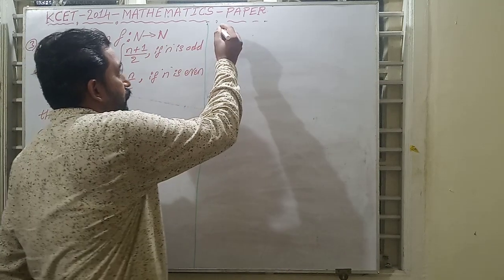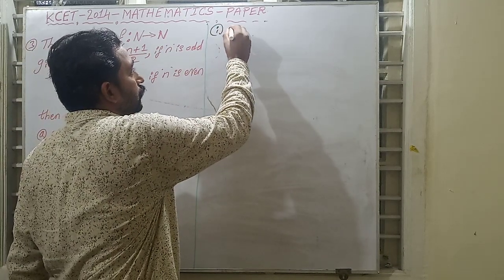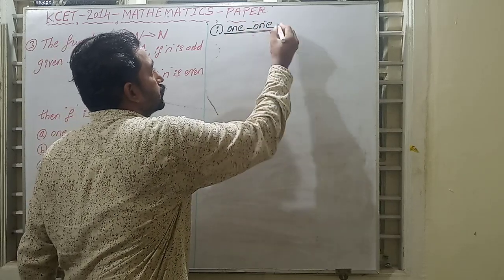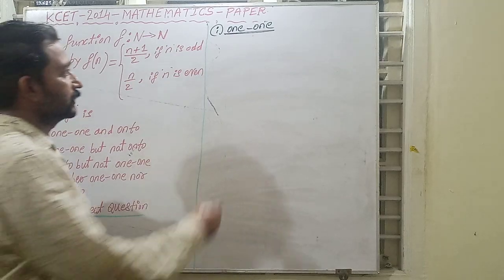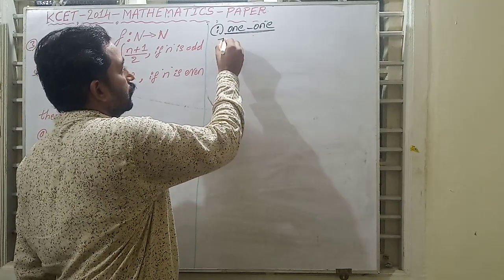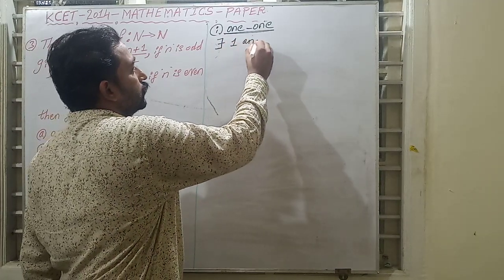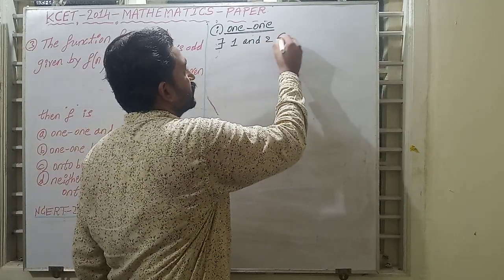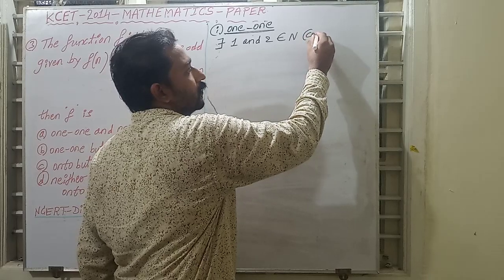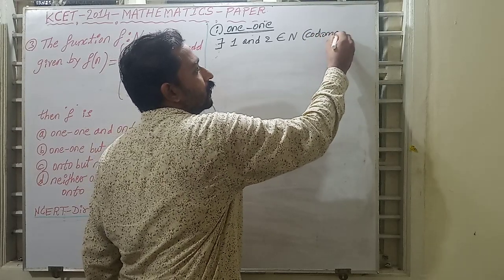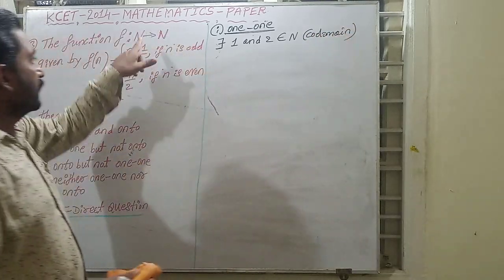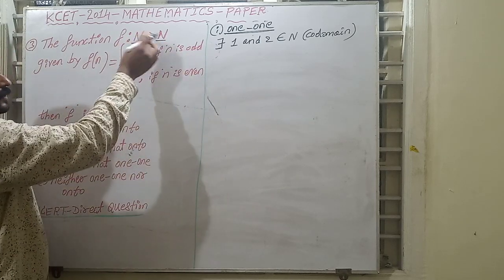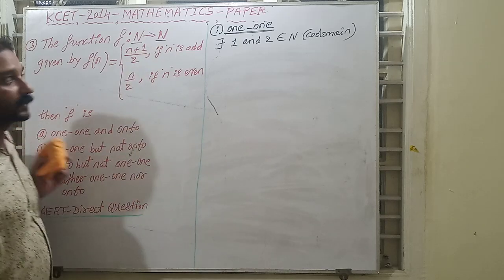Check the condition for one-one. So it is not one-one. Take one example. There exist 1 and 2, both belonging to the natural numbers codomain, because this function is defined from N to N. So both domain and codomain are natural numbers.